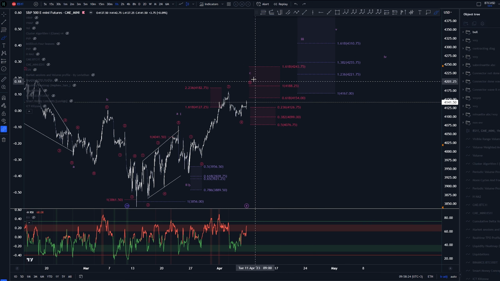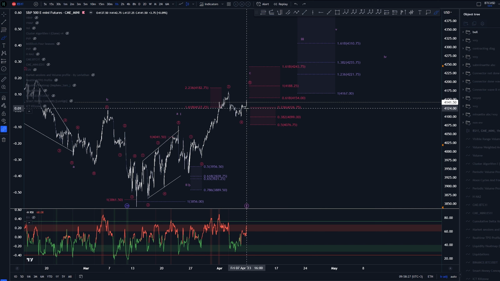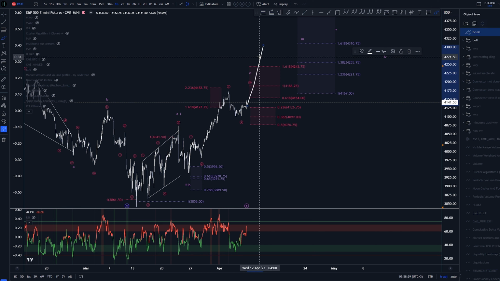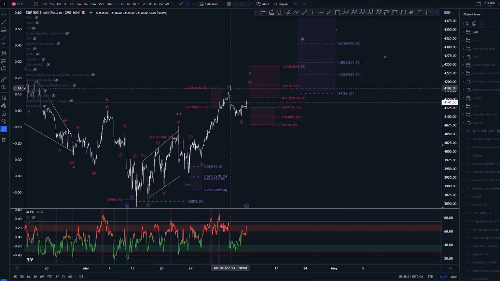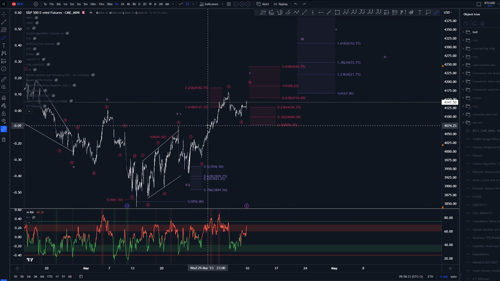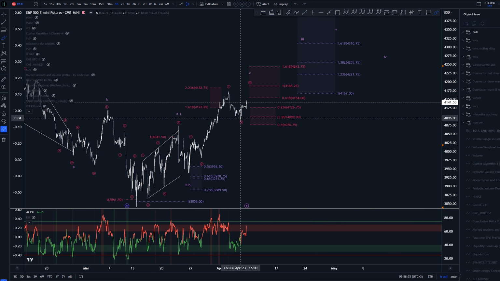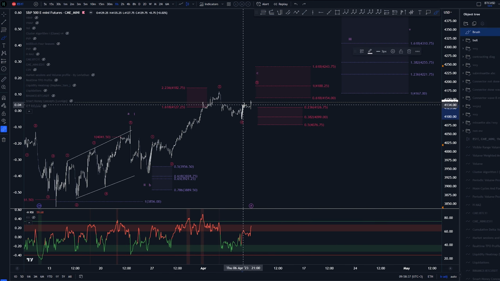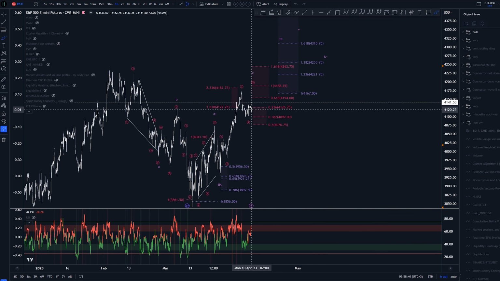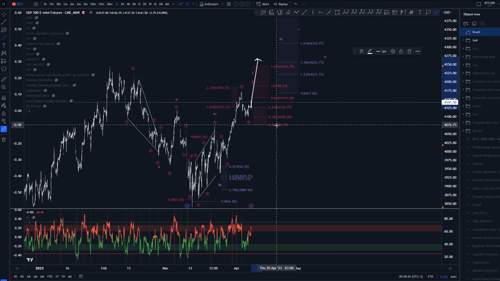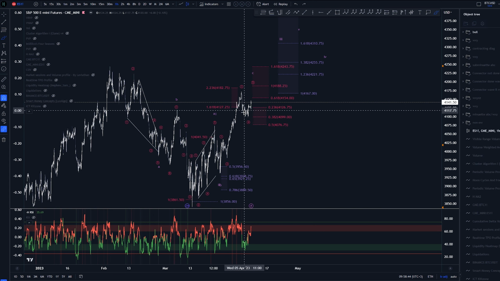At this point, I don't really see us having the fifth wave extend this much, unless of course it can. We did not really have too much of an extension here on the third wave, so there is definitely a chance for that. At this moment, I do see this as just a 1-2, so a move to the upside is very much a possibility. So we'll see how that turns out.